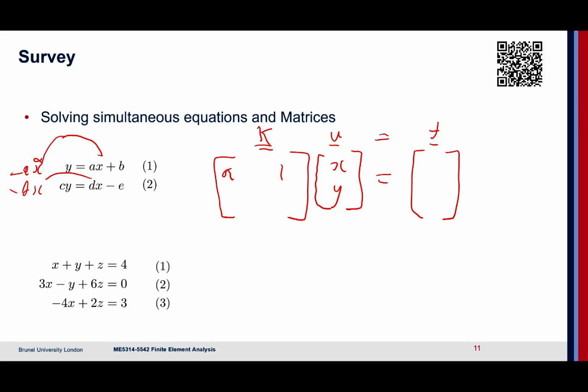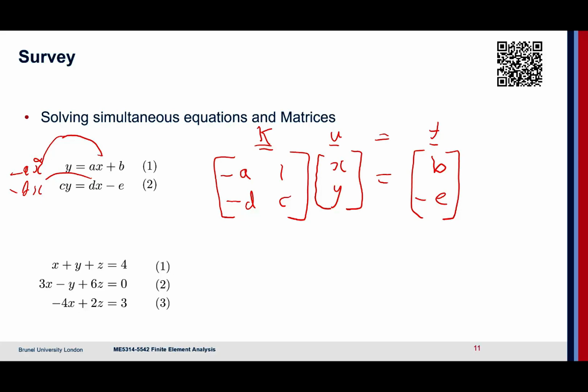And then that's going to be equal to b. And then for the second term, we have minus d. Yeah, so this should be minus a. And then for this y component, we just have c, and that's going to be equal to minus e. So it's exactly what we saw before, just algebraically this time. Does that make sense? Anyone made any mistakes?